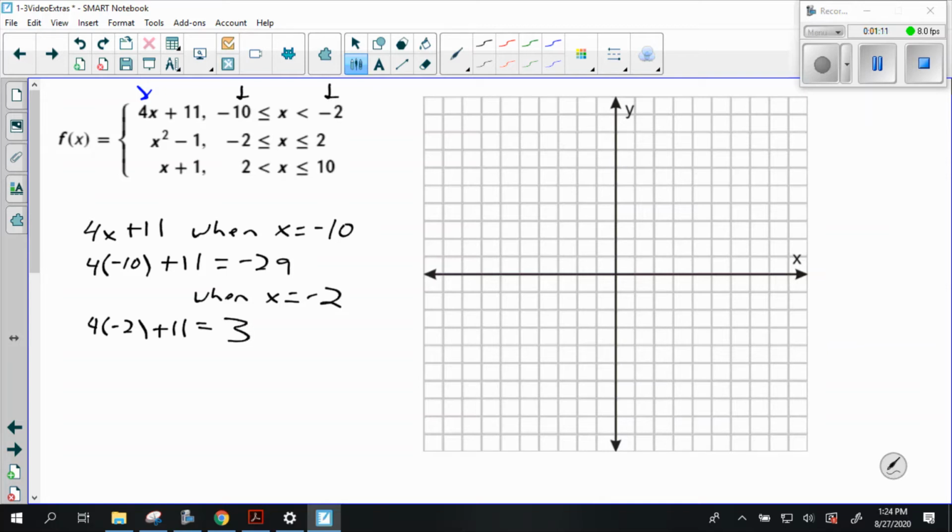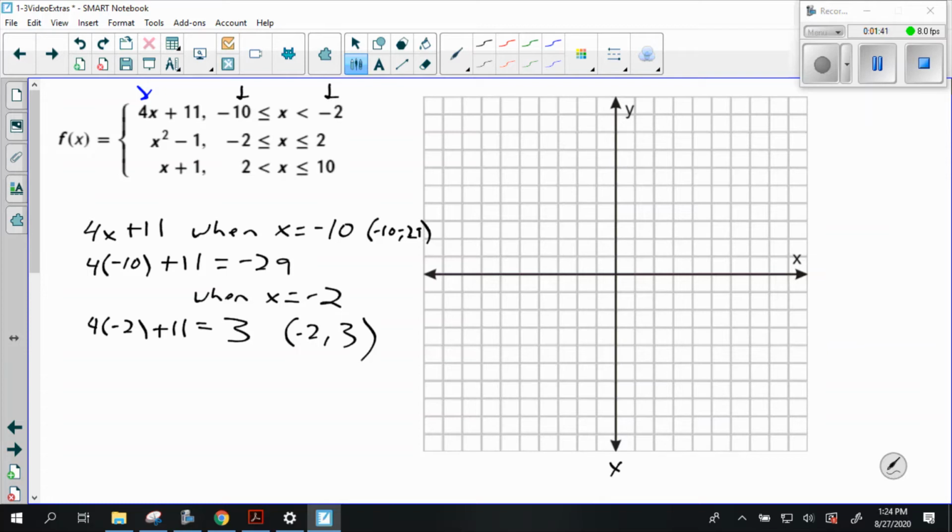So what that means is that this is going to go through the points negative 10, negative 29, and when x is negative 2, it's going to go through the point negative 2, 3. So over here on my y-axis, I've got to go as far as 30, and on my x-axis, I only have to go as far as negative 10.